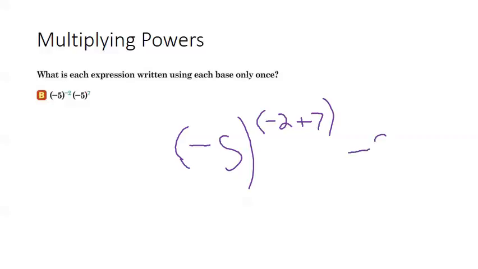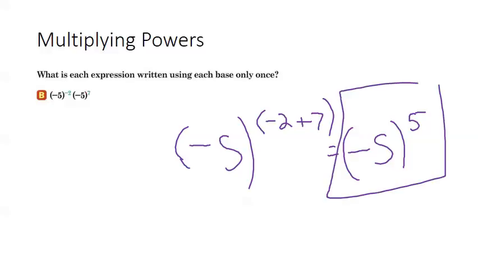So you get -5 to the power of 5. And you can leave it at that. I don't need you to go any further and tell me the value of -5 to the power of 5. The question asks for the expression written using the base only once. So you want to leave it as this, and that is your answer.